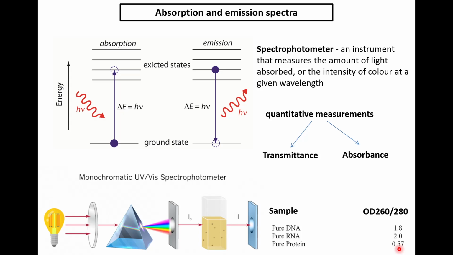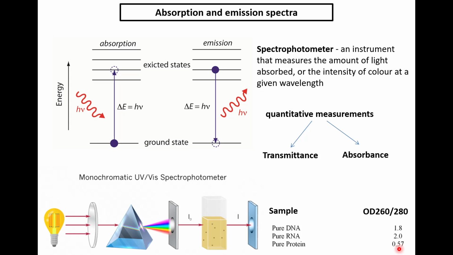Okay, now if you are doing this for DNA and RNA, nucleic acids will be greater than 1, then how to visualize what is DNA and what is RNA? It has been observed that the OD 260 by 280 ratio for DNA is around 1.8, whereas for RNA it is more, around 2. Why is that so?